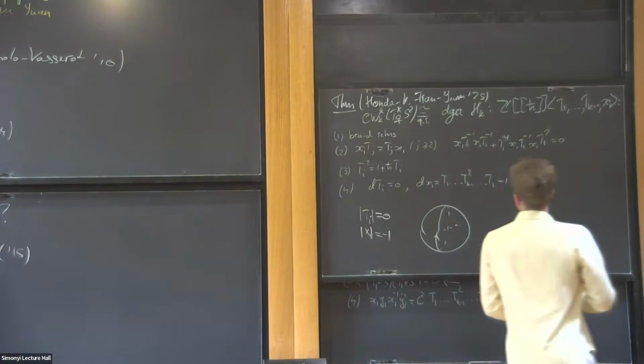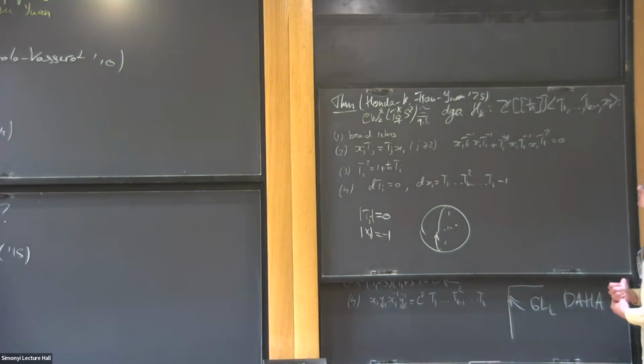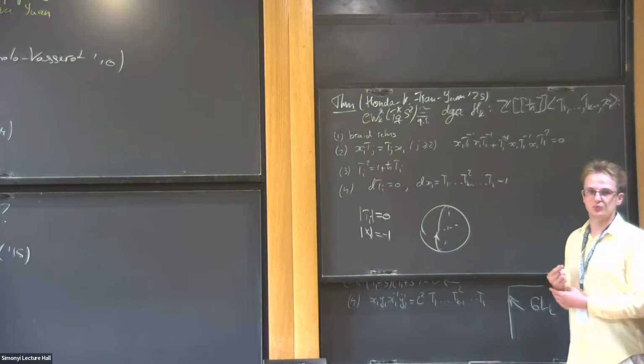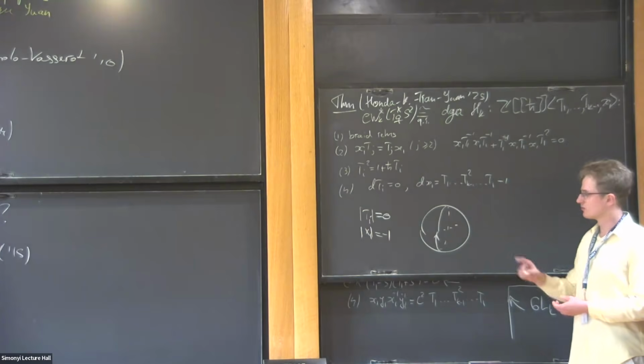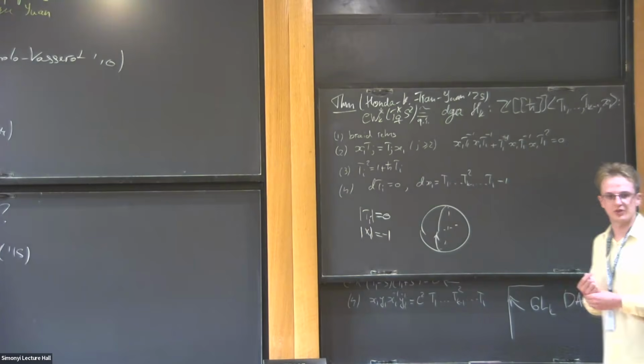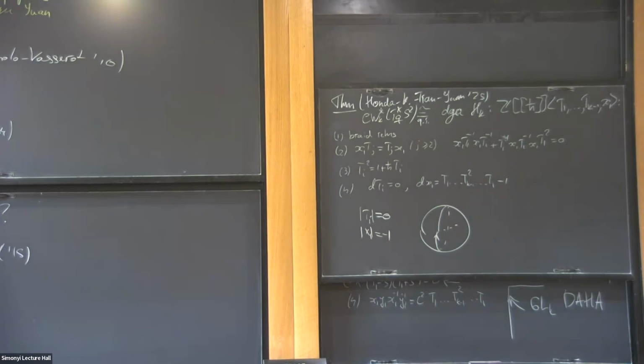And again, in the k equals 1 case, putting h bar equal to 0, this just recovers homology of the based loop space of S2.